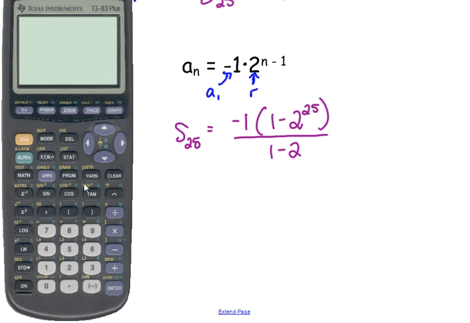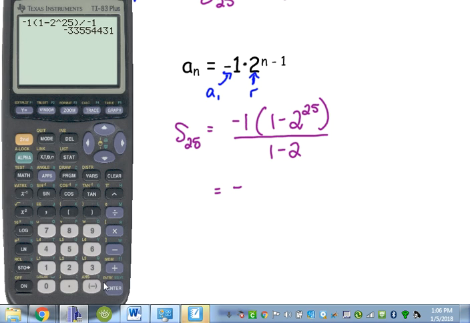Now, since this one doesn't have a fraction, it's not quite as complicated to put in your calculator. -1 times 1 minus 2 to the 25th divided by 1 minus 2 is -1. So negative 33,554,431.